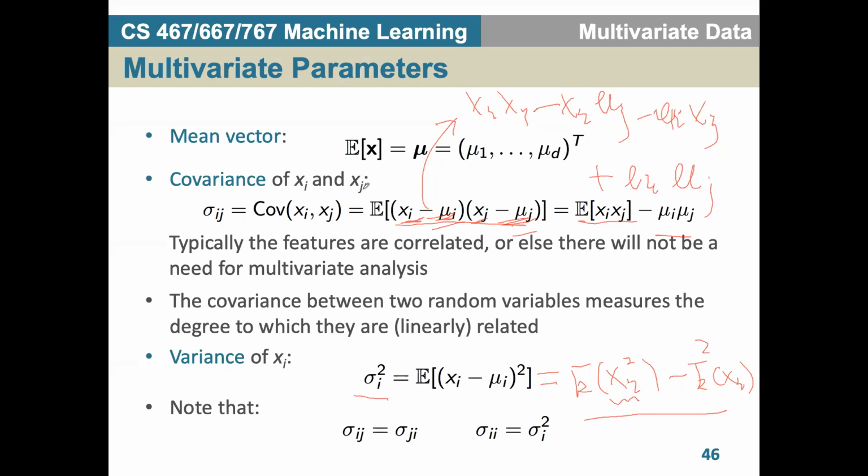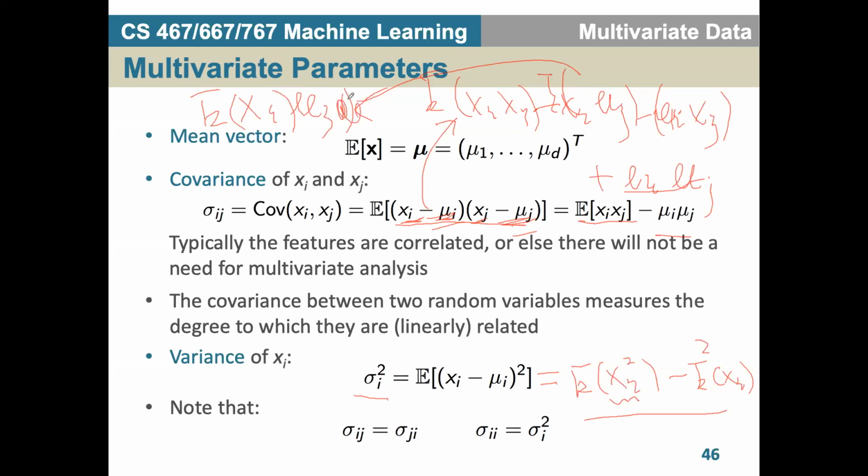Then you take the expectation. You know linearity of expectation is equivalent to taking the expectation over each item. Let's look at a particular item here. This is xi and mu j, and mu j we know is a constant, so we can move it out.